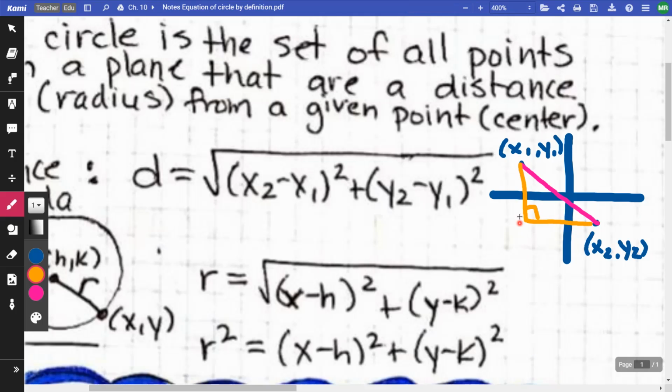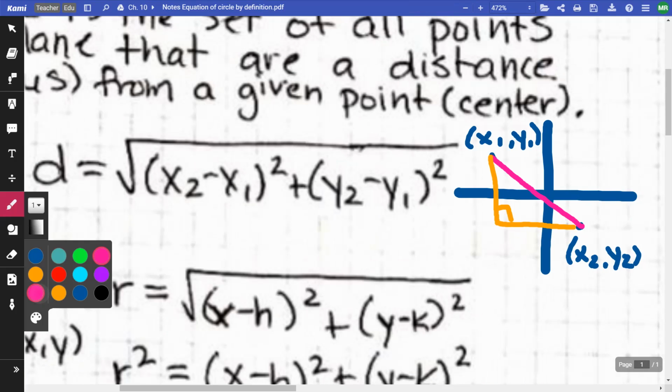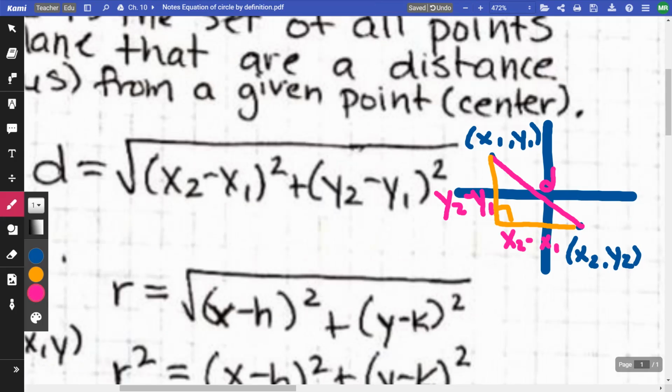And then by Pythagorean, if I jotted this down, y2 minus y1 would be that side, x2 minus x1 would be that side. This side here is the distance I'm looking for. That is my hypotenuse. So by Pythagorean, I can take this quantity squared plus this quantity squared equals distance squared.